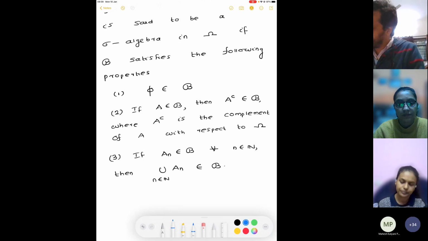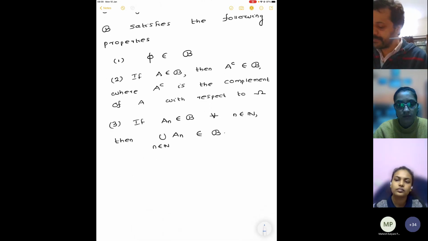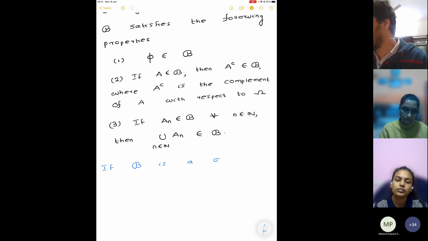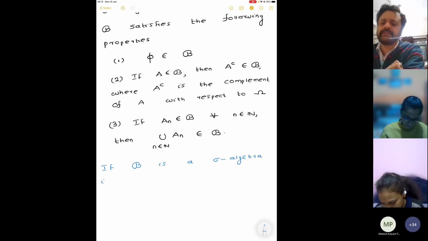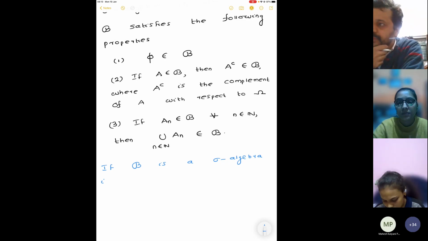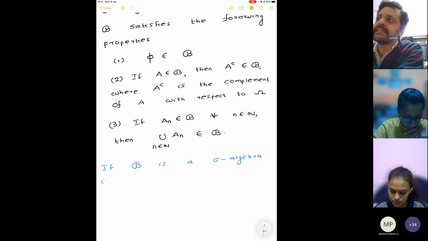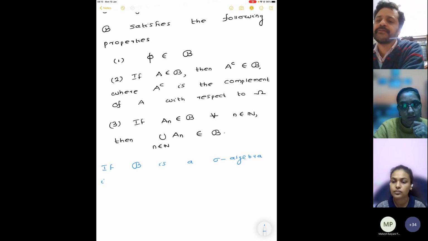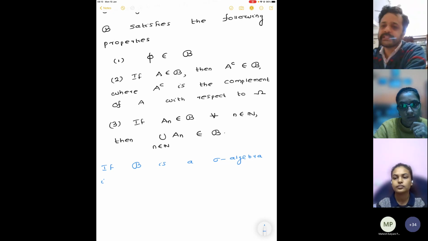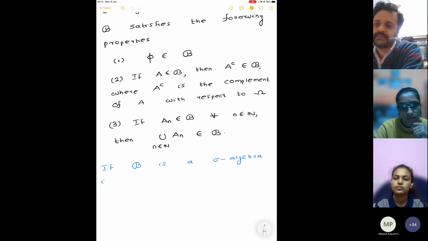To add to that and fix some terminology, let me write the following. If B is a sigma algebra in omega, have you done a course in topology or yet to do? So you are doing it, yeah. There also the basic setting is something like this. You have a set X and you have a collection of subsets of X satisfying certain properties. And what are those properties?